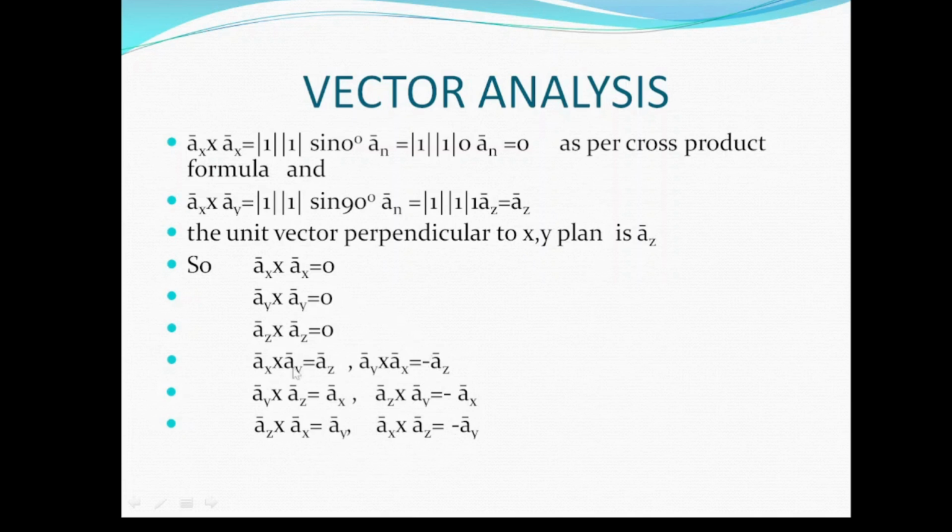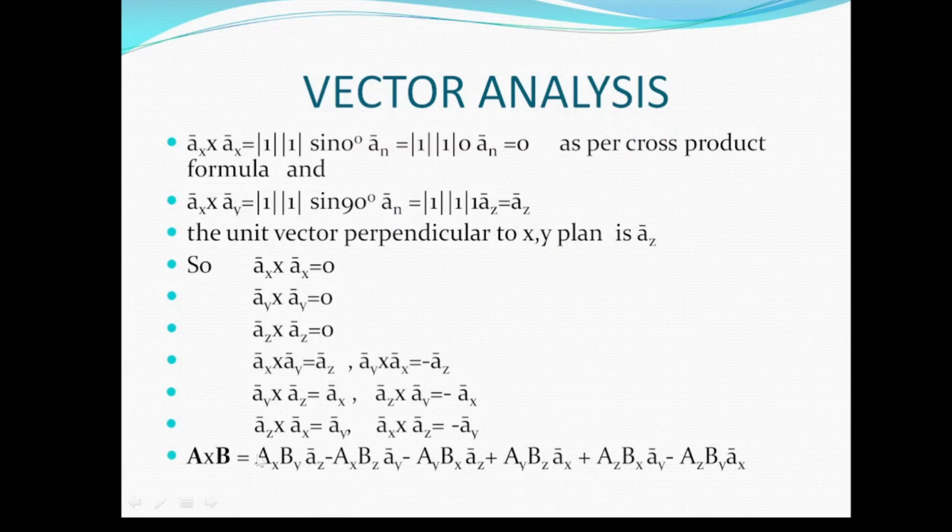If we substitute all these values in the above equation, then we are going to get a cross b is equal to ax by az minus ax bz ay minus ay bx az plus ay bz ax plus az bx ay minus az by ax.